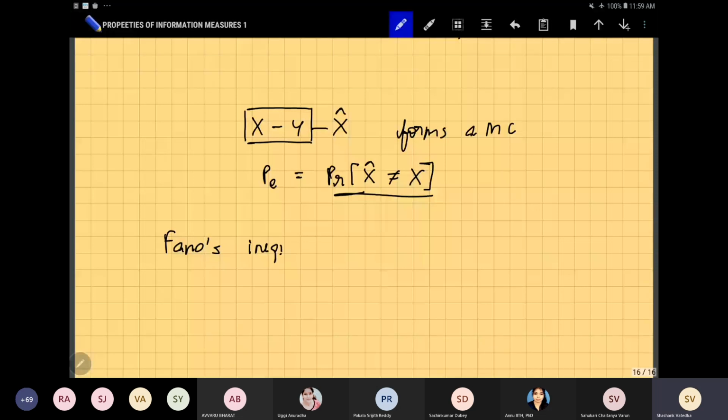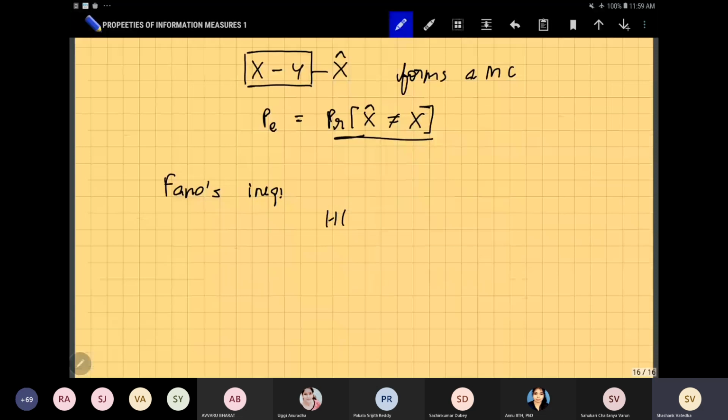So Fano's inequality says the following: that h of x given y is always in some sense a lower bound for the probability of error, but more so, h of x given y, just using the data processing inequality, is less than or equal to h of x given x hat.